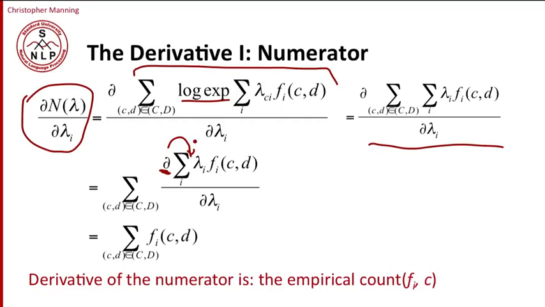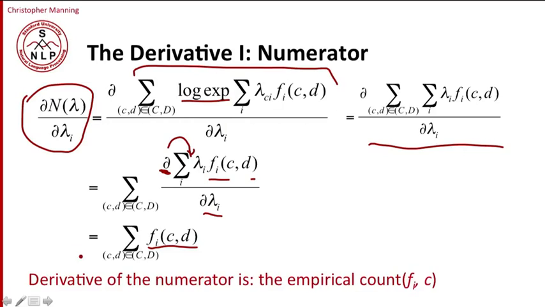And then we ask, what are the partial derivatives with respect to these lambda i f i terms? Well, the partial derivative with respect to lambda i is going to be 0 except for the term that involves lambda i. And so then the partial derivative for that term is simply f_i of c, d.